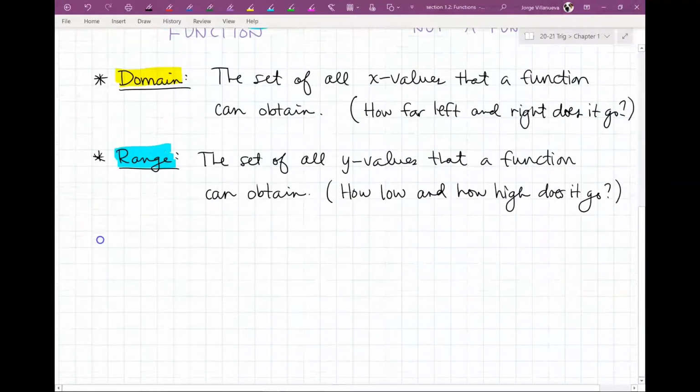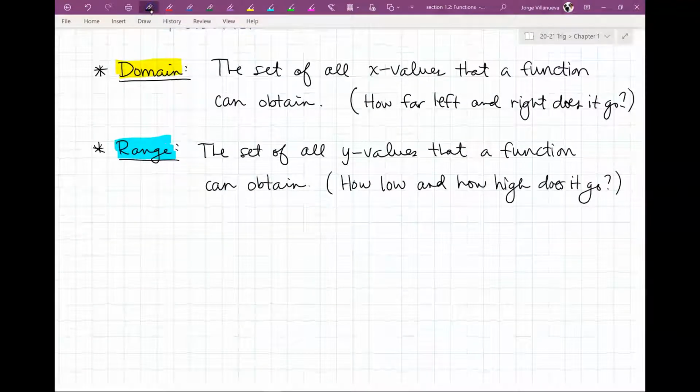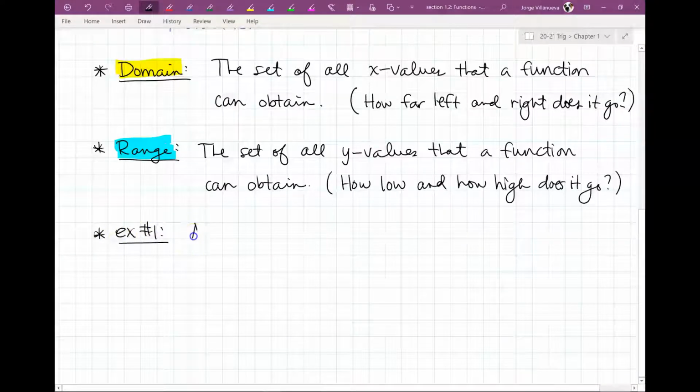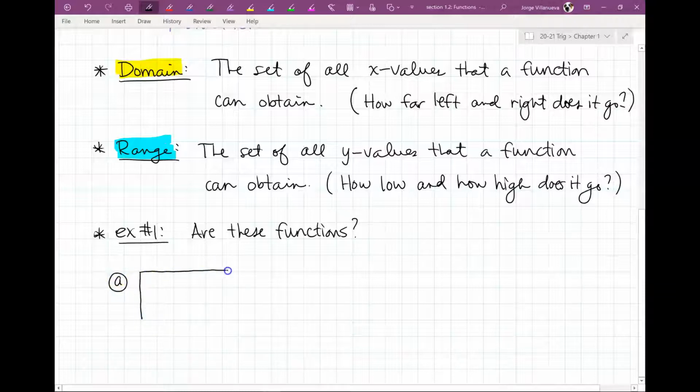All right, so let's do an example here, even though we kind of already did, but this is I guess a formal example. Example number 1 are these functions. So part A, make a quick table here.